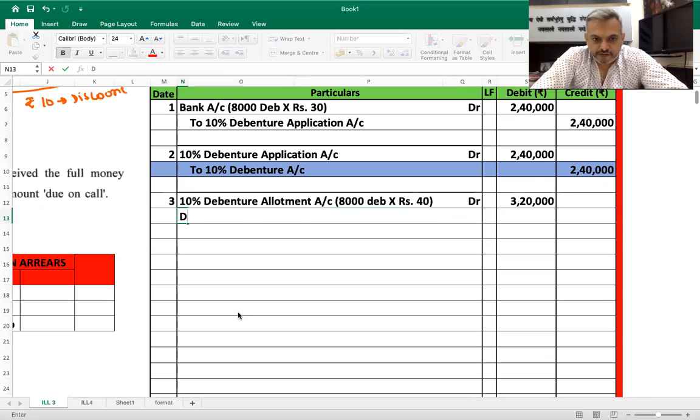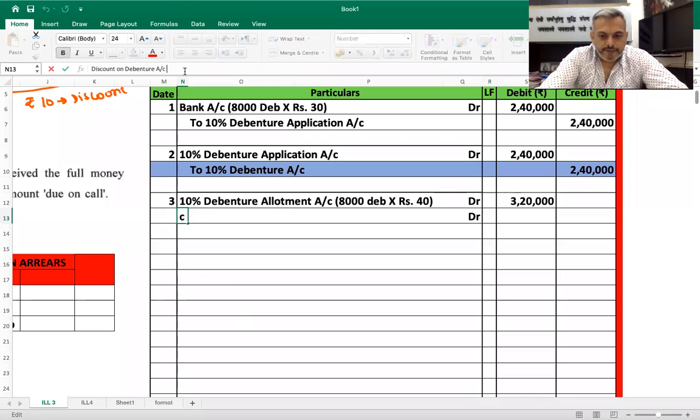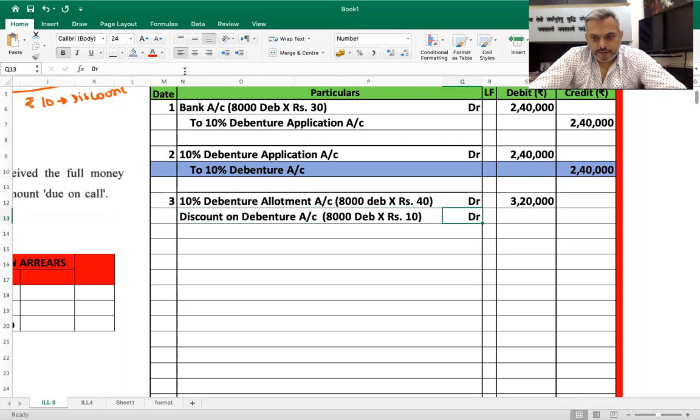Now, debenture discount account you can use, or you can follow the textbook and use discount on debenture account. We write in bracket 8,000 debentures into rupees 10 per debenture. So 80,000.